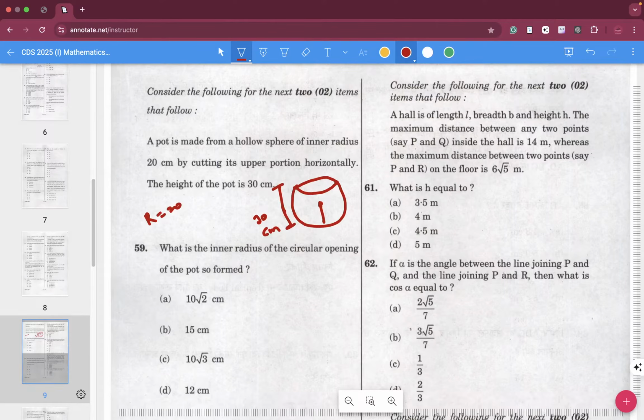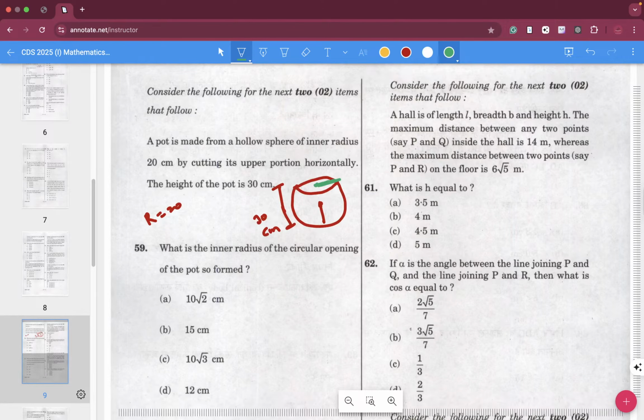What is the inner radius of the circular opening of the pot? This is the circular opening. When you look at it from the top, it looks like a circle. 3D geometry. So basically, they have asked to find out what is this radius, this green value.